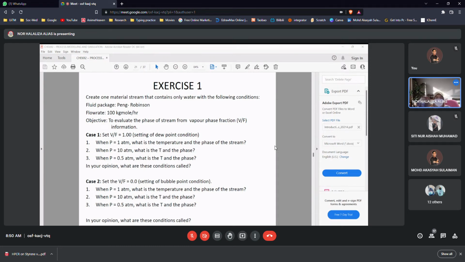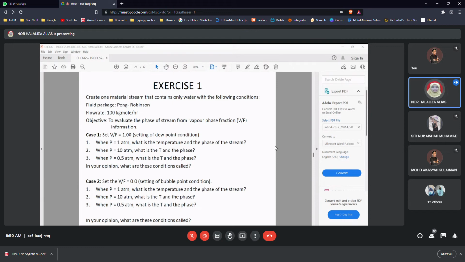Anyone can try? The temperature and pressure at which the liquid starts to condense. So the phase is from liquid to? It's from vapor to liquid. Okay, Akasha?